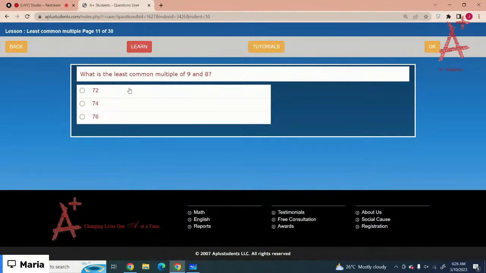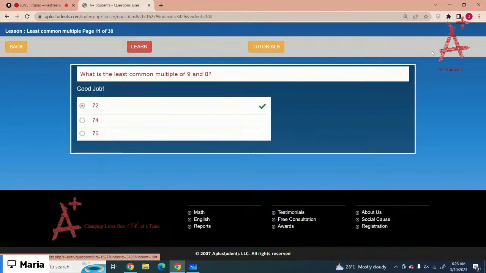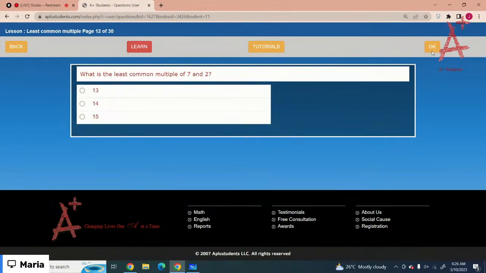Got it. 9 times 8, because they don't have any common factor, you just have to multiply them. 9 times 8 is 72. Okay, what is the least common multiple of 7 and 2? Very good. It is 14.